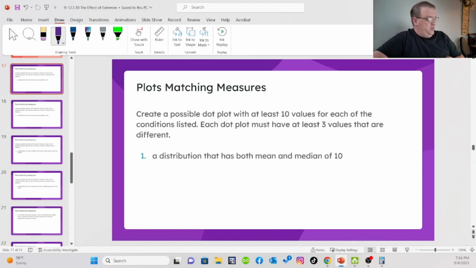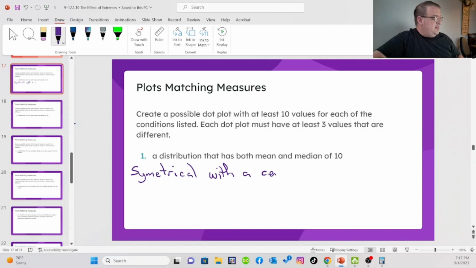So this would mean if they are the same, it must be symmetrical. Now this could be bell-shaped, it could be uniform, it could be bimodal, but the important part is that it must be symmetrical.